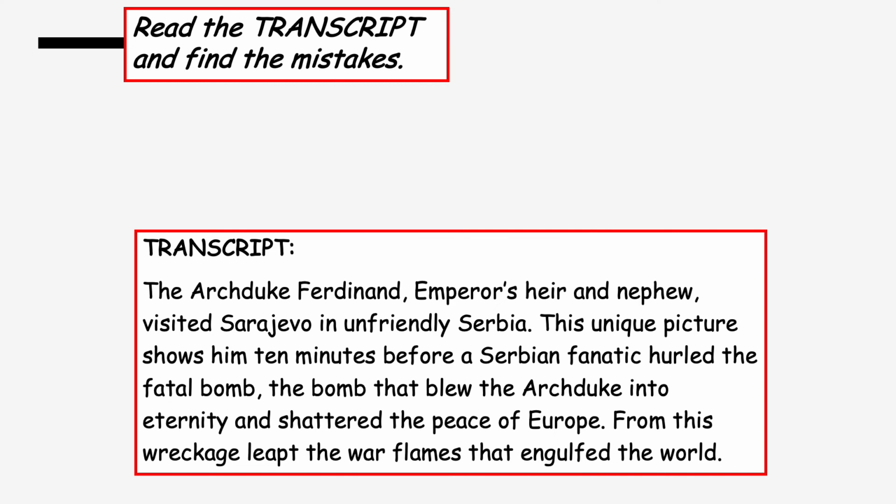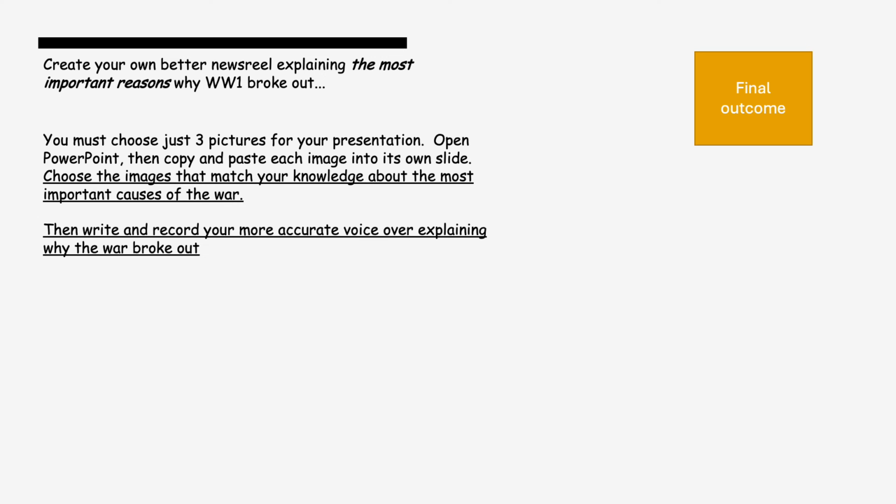So, having spotted the mistakes, the pupils then move on and write a more accurate version. I always ask them to rewrite the newsreel without mistakes, explaining the most important reasons why the war broke out.